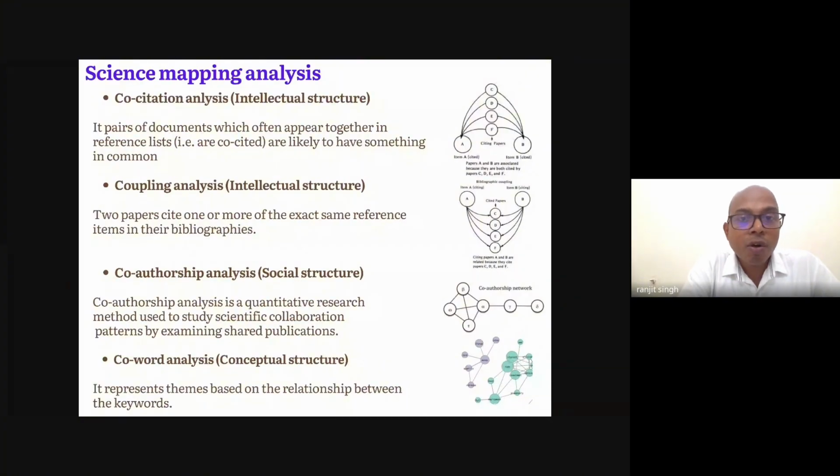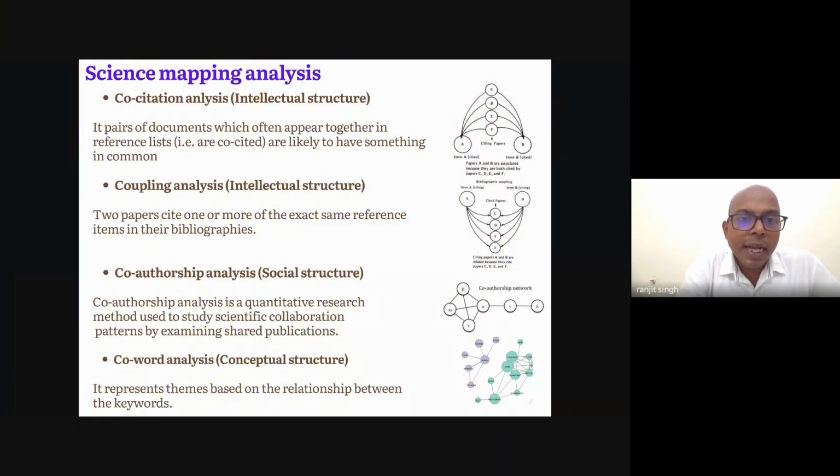That is, it pairs the documents which often appear together in reference lists. Documents that are co-cited together are likely to have something in common. This co-citation is also called a forward movement, because you can see in the image paper A and B, and the citations C, D, E, A, F. These are common to both documents.